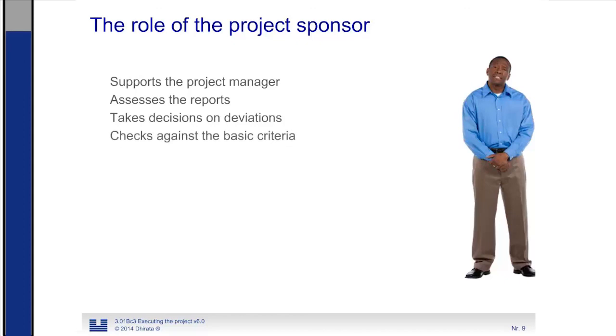He checks it against the basic criteria on which we started the project, and these we find in the benefits register, because all decisions are made with the actual benefits they want to achieve with the project in the back of their mind. Decisions are made based on whether the benefits will still be realized.